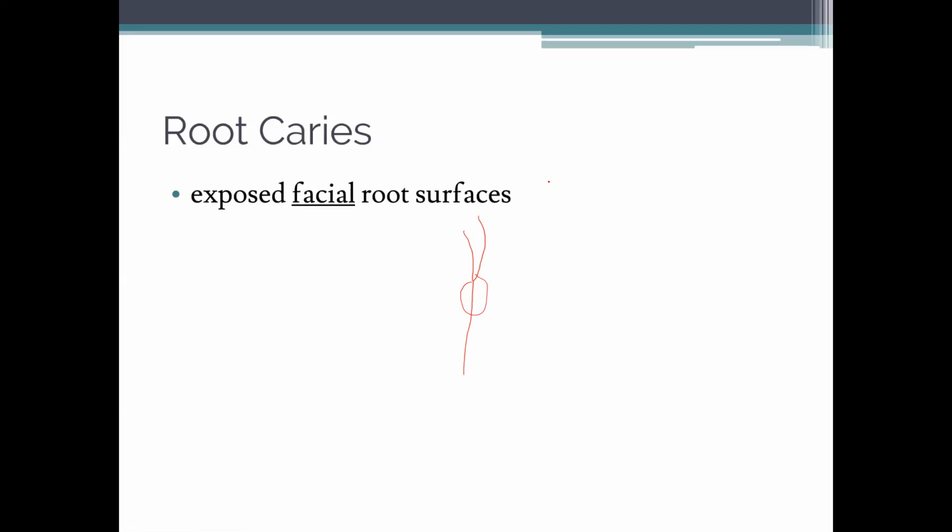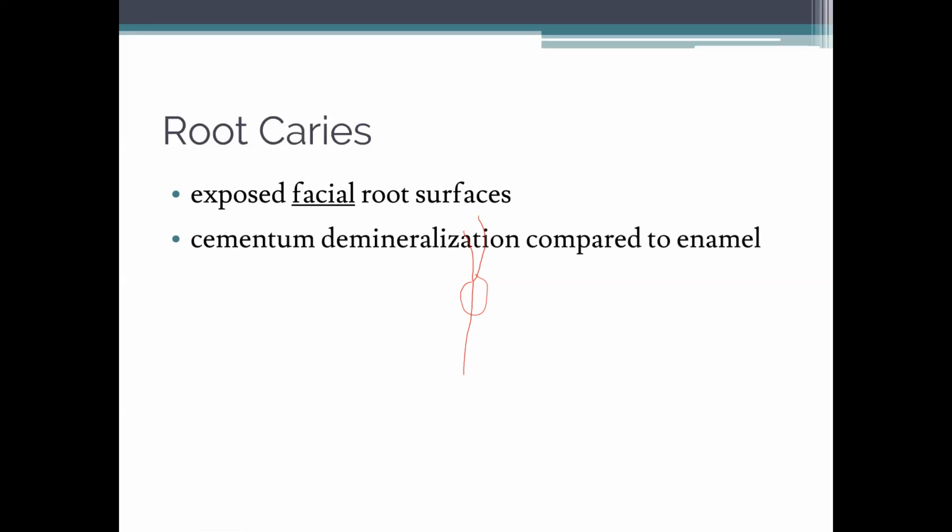So acids basically have to be exposed on enamel longer because it's a hard tissue difference. So cementum, again, when you look at demineralization, it will take less acid to demineralize it because it is not as hard as enamel.